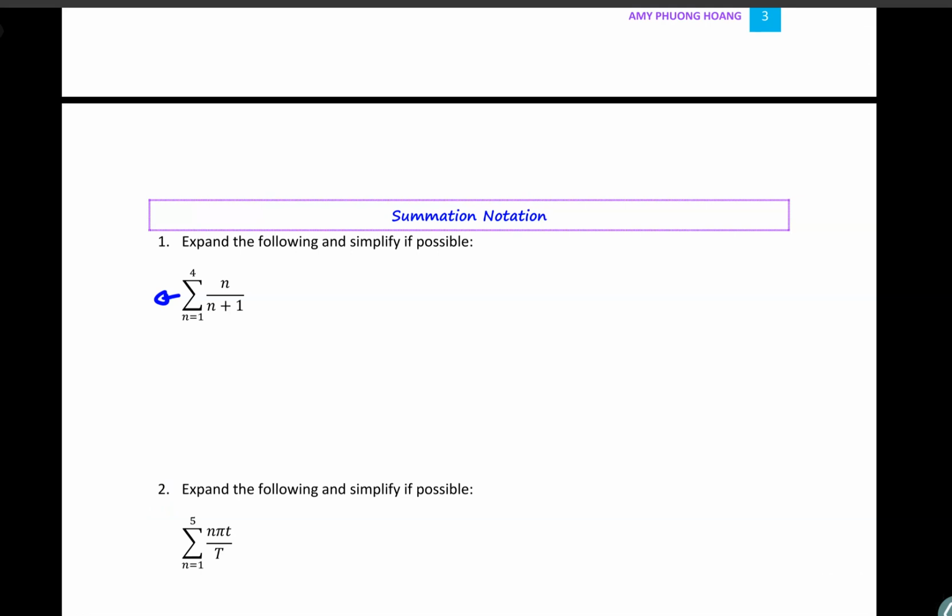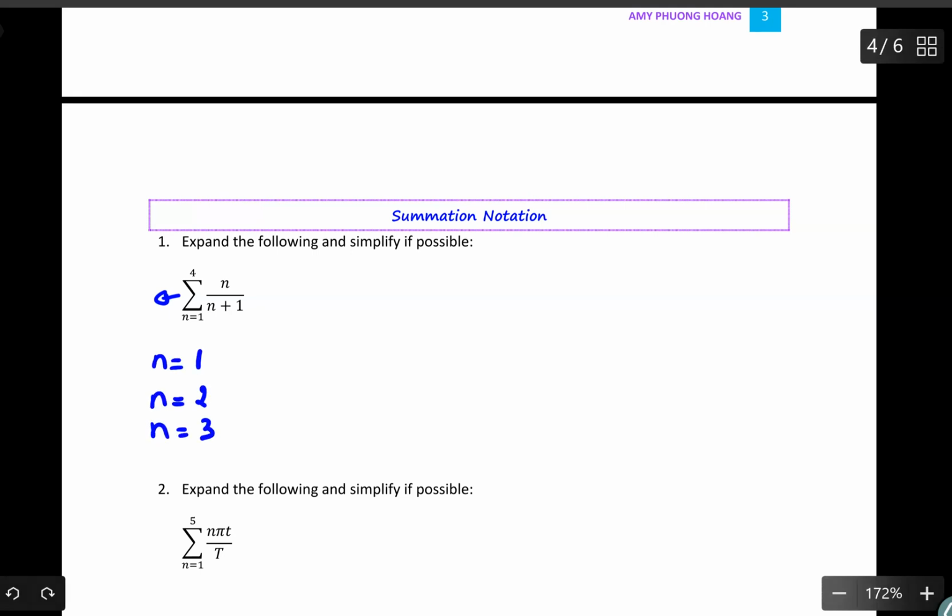Then I would like to add a few terms together. Given n equal to 1 to 4, that means you should have 4 terms in this case. So you will find when n equal to 1, n equal to 2, n equal to 3, and n equal to 4. In this case, you write the expansion of this sum.